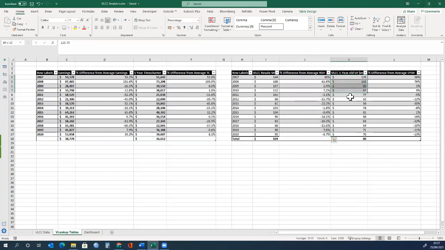And here is the 5-year value. So again, for 2008, 168 million was the value of a resale VLCC, and an increase of 61% compared to the previous year's value, and the 5-year value increased by 76% to 142 million.